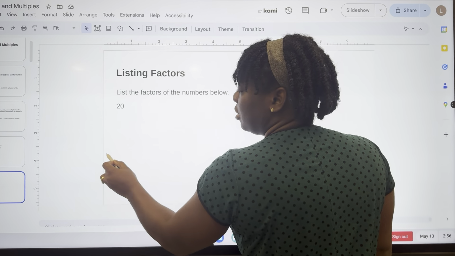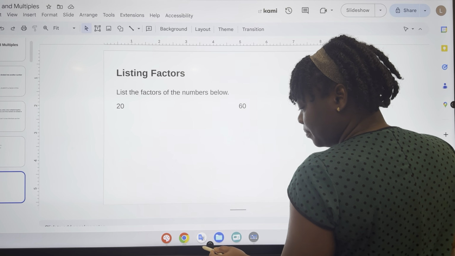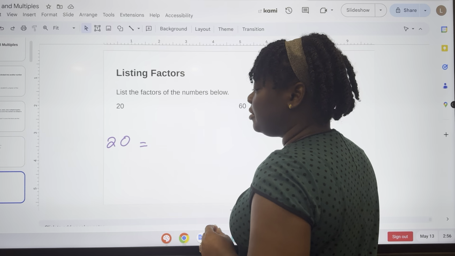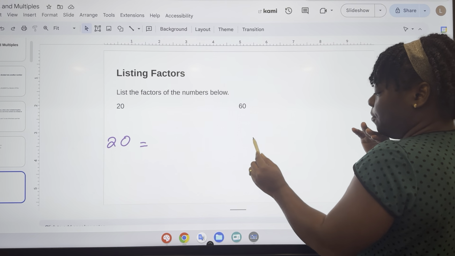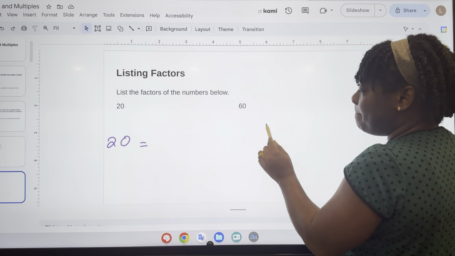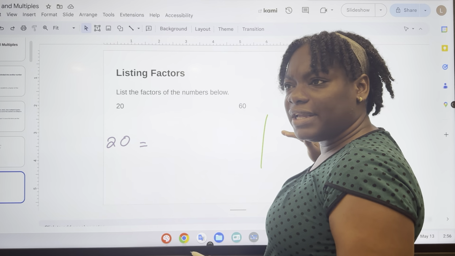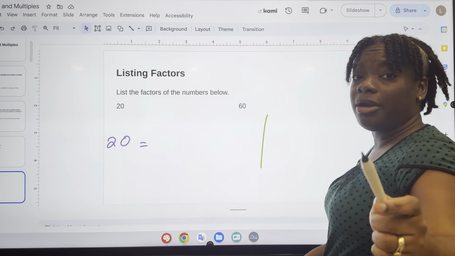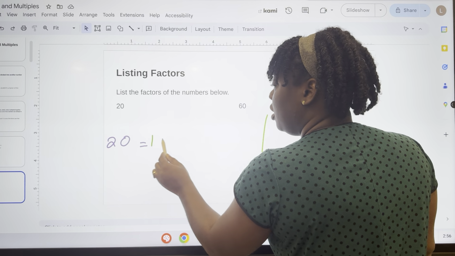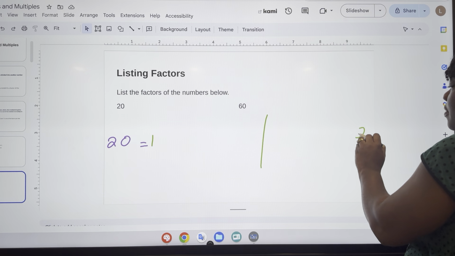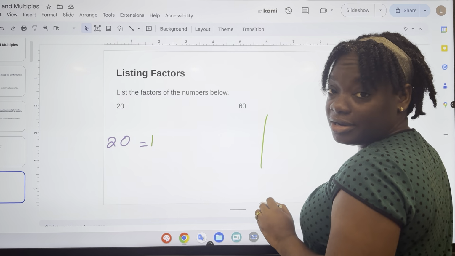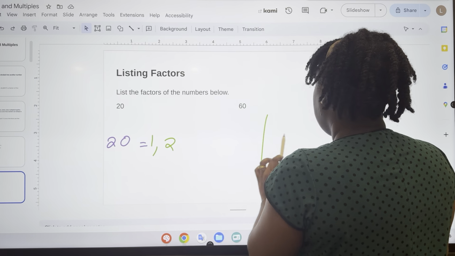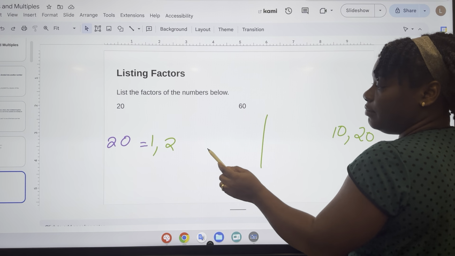So let's take 20. All right, so we're going to list the factors of 20. So I'm going to put what I love to call my middle line right here, and that is going to tell me when I'm finished. All right, so let's go. The first factor pair of 20 is 1 and 20. Nice. Next one, 2 and 10.